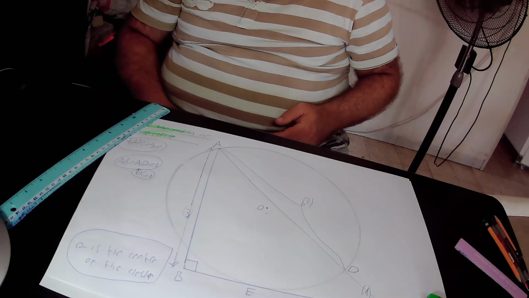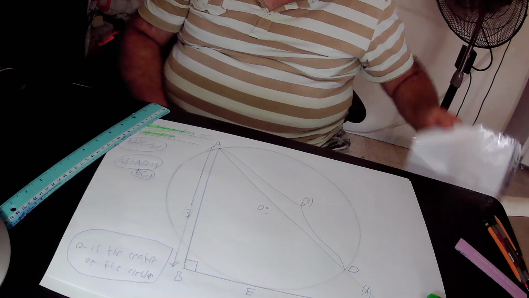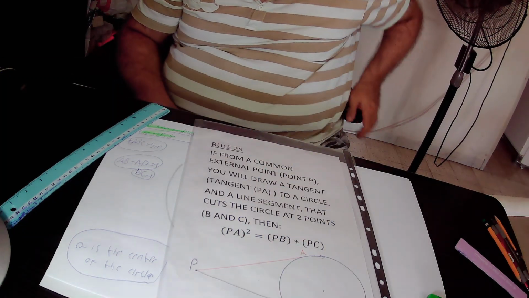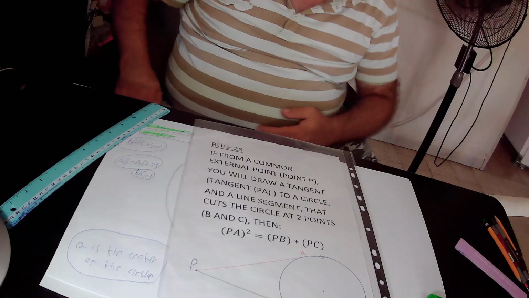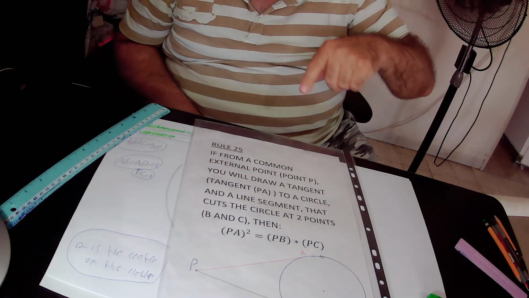So here we can implement rule 25. According to rule 25, from a common start point, point P, we will draw a tangent.